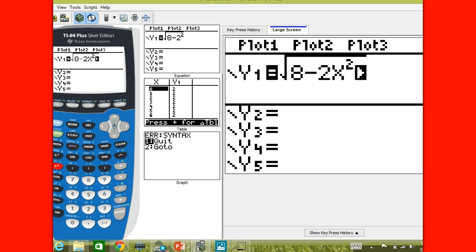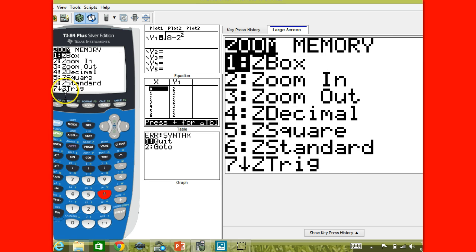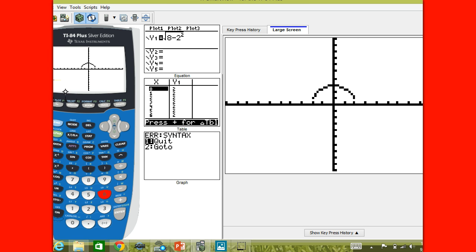So again, I kind of tend to start with a zoom 6. It's kind of like my standard viewing rectangle. So looking at that, it kind of gives me the idea that maybe it's a semicircle.